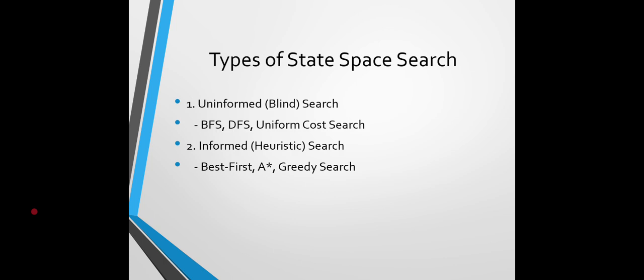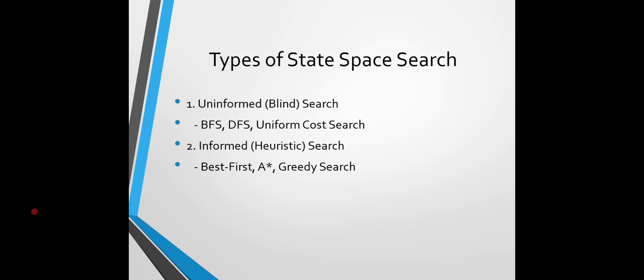Types of state space search. Search strategies are broadly categorized based on their knowledge of the problem. First one is uninformed search, and the second one is informed search, also known as heuristic search. Okay, uninformed search, or blind search, operates without any domain specific knowledge about the location of the goal.